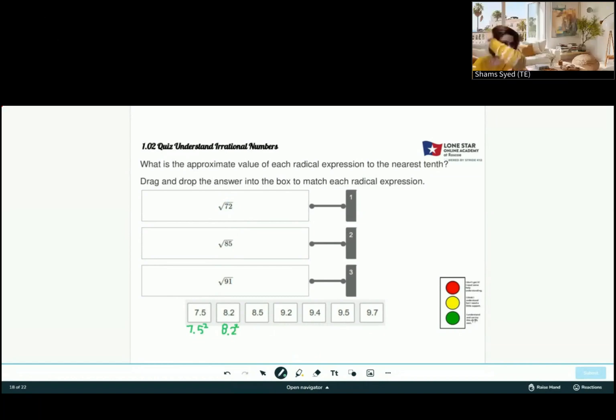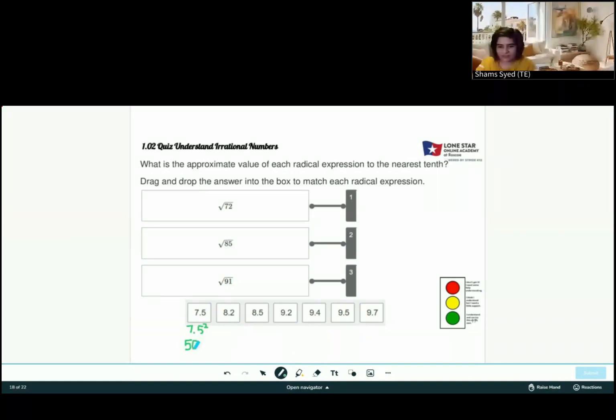Let's do that. Vida, tell me how much is the square of 7.5? Let's see what you're going to tell me. Danton won't use that. He's going to use a calculator. What is the square of 7.5? 7.5 squared is 56.25.